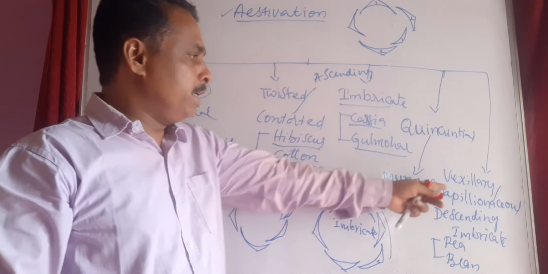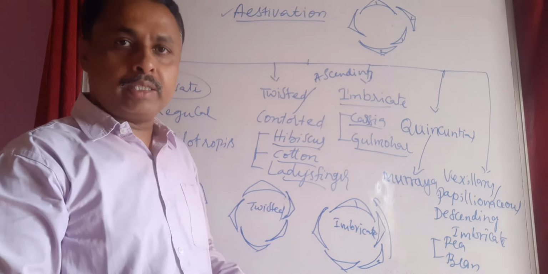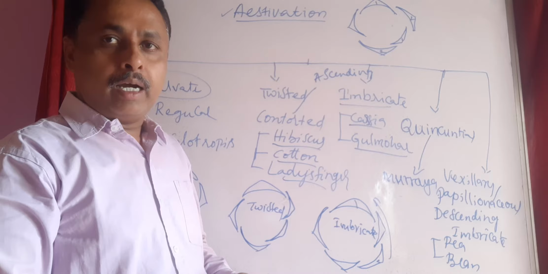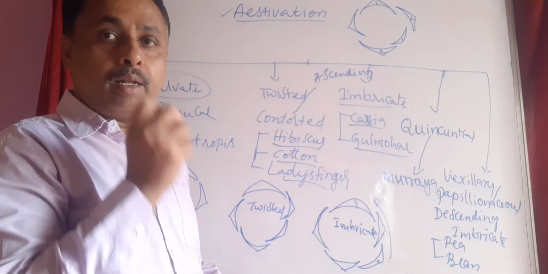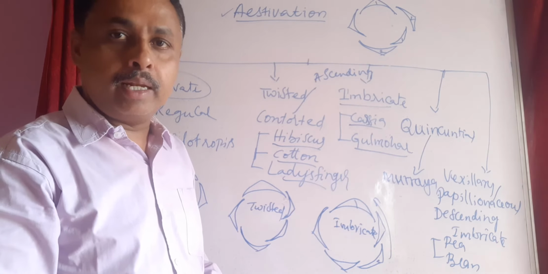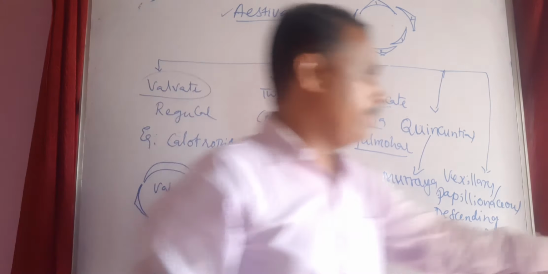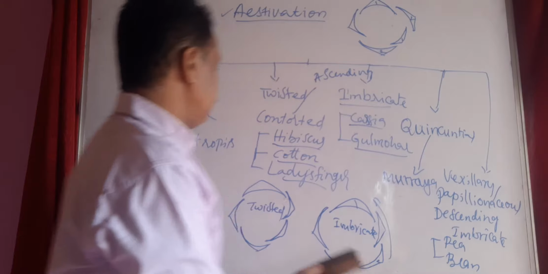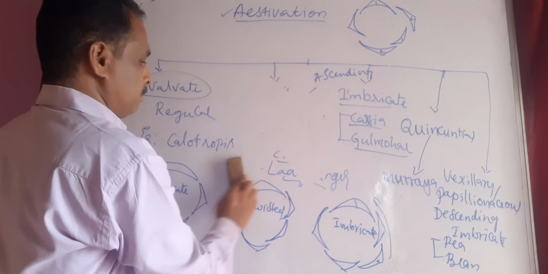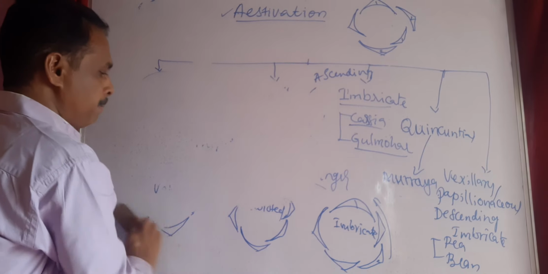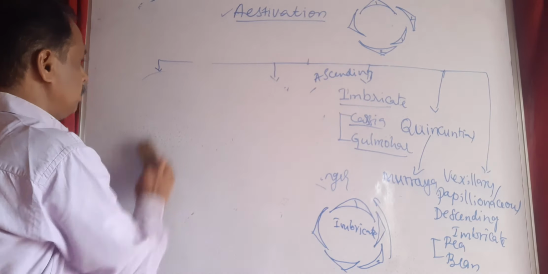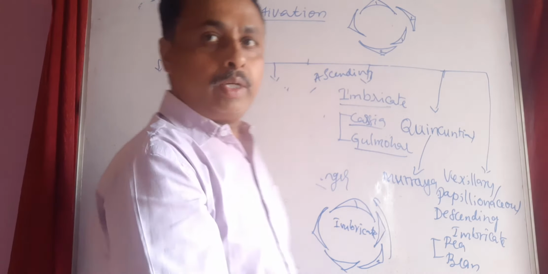The next one is vexillary aestivation, or papilionaceous aestivation. This is a peculiar corolla that we can see in Fabaceae members.